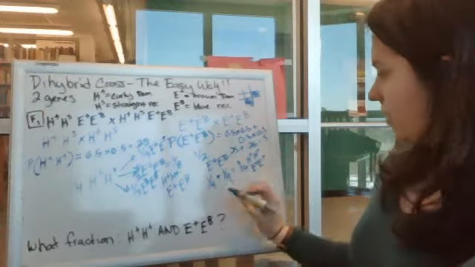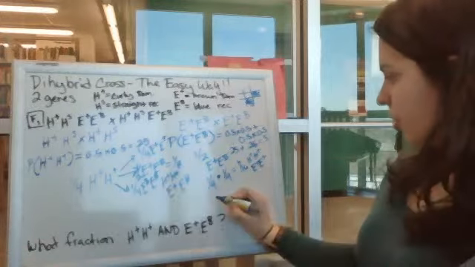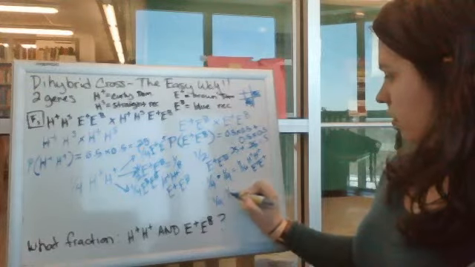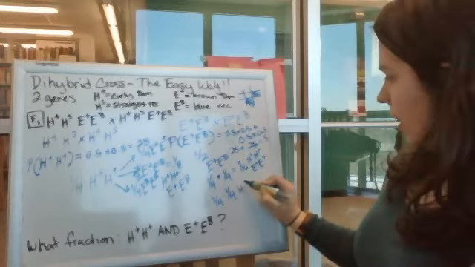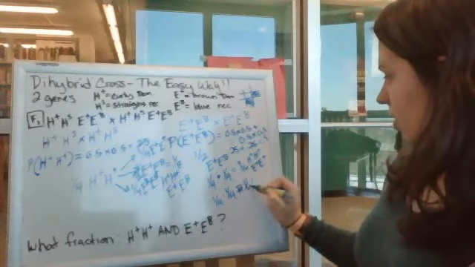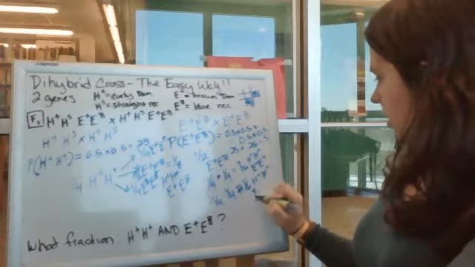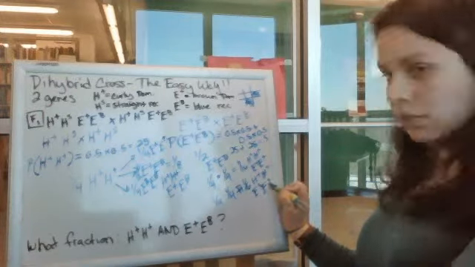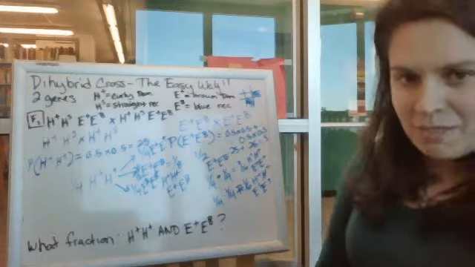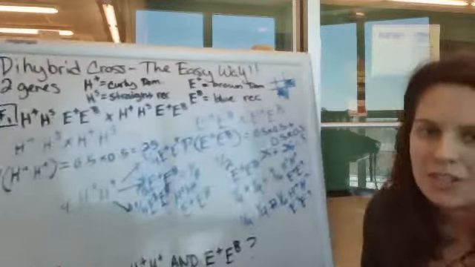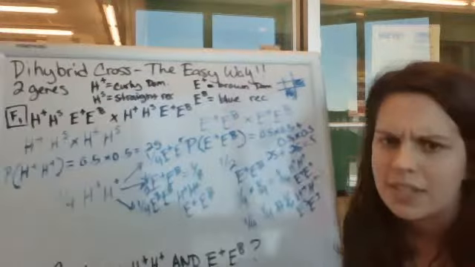You can do all of these things, or you can do 1/4 times 1/4 equals 1/16, which will be H plus, EB, EB. Okay, so that's a lot of math on one board. Let me bring it closer to you so you can see all my crazy mathematics here.